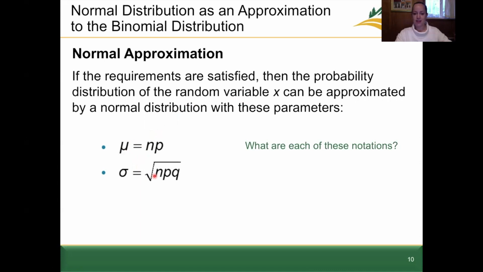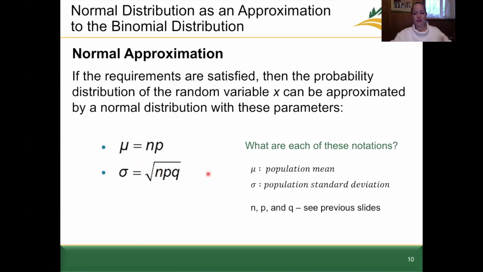What are each of these notations again? Right, so mu is the population mean, sigma is the population standard deviation, n, p, and q we've talked about a few times now, so go back and look at previous slides if you need to make sure you know what n, p, and q are.